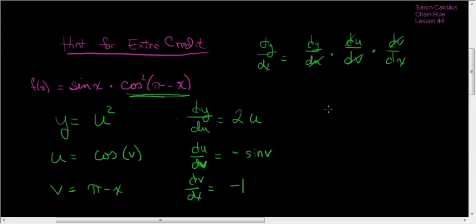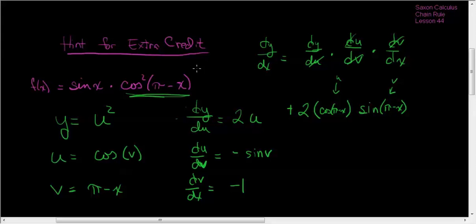So dy du is 2 times u times negative sine of v, whatever v is. Remember, I have to put u in there, and I have to put v in there, times negative 1. Well, there's my positive, so negative 1. So what is u? U is cosine of v, but what was v? Pi minus x. And then times the sine of pi minus x.